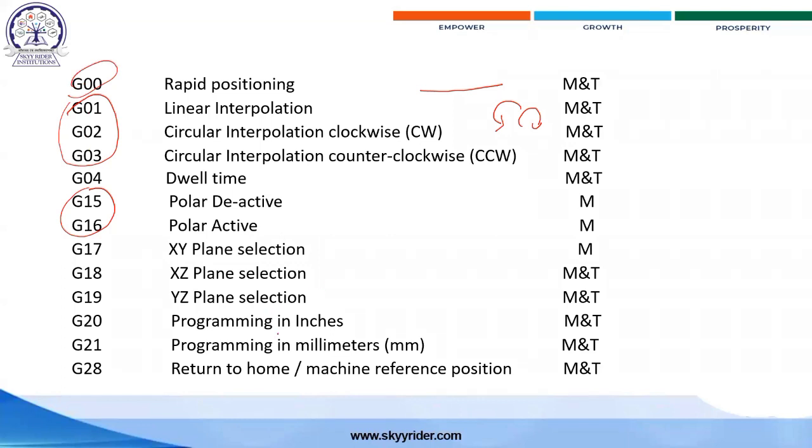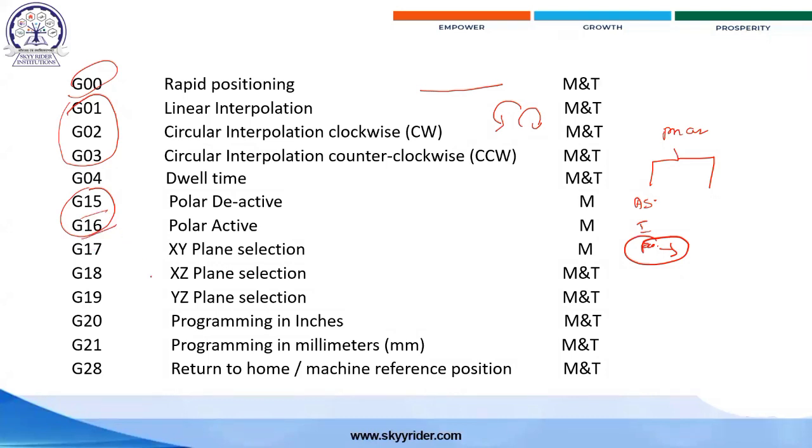Generally there is polar deactivated and polar activated. In the mechanical field we use three types of coordinate system: absolute, incremental, and polar. To activate the polar coordinate system, we use G15 and G16.